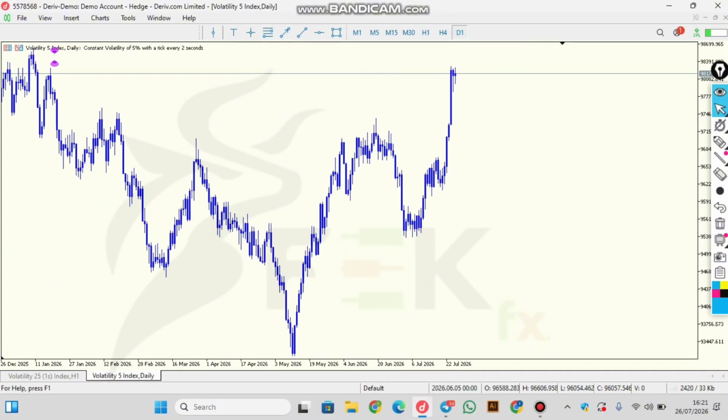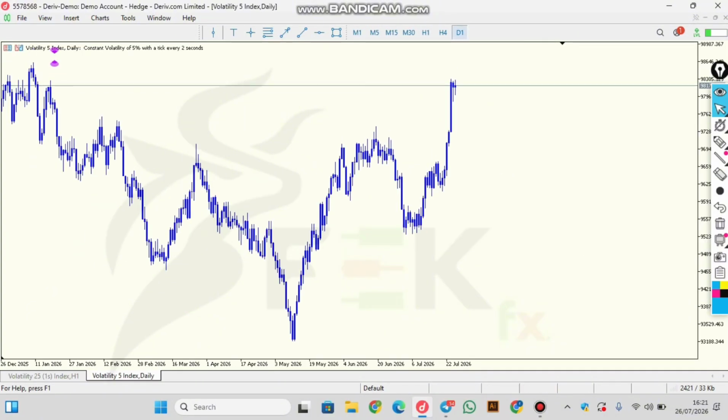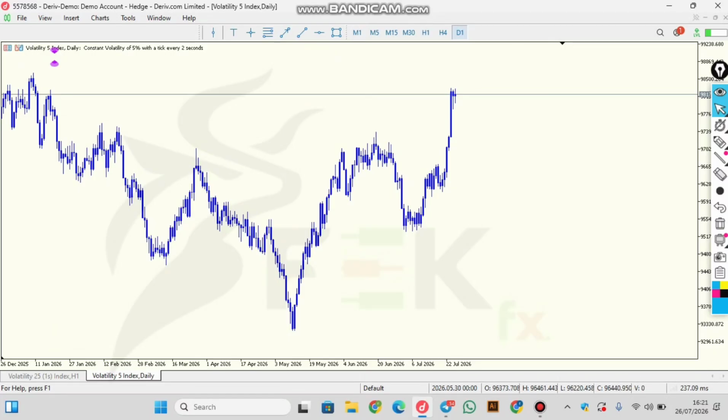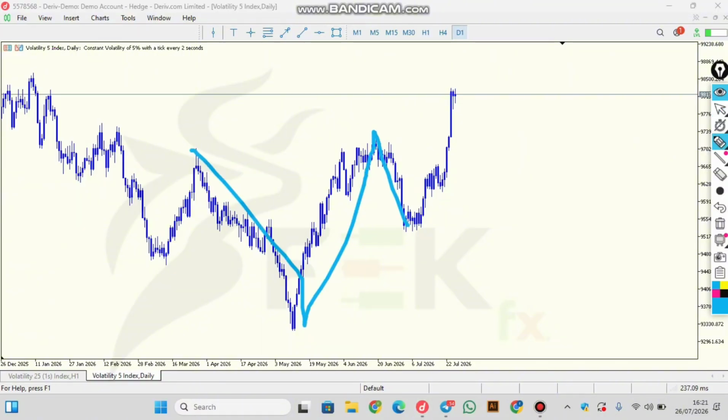First things first, when I want to analyze the market, I go to the highest time frame, which is the daily time frame. Can you see this market goes to this place, then forms something like an inverted head and shoulders? Can you see? This is the neckline, and the market has just broken out of the neckline.